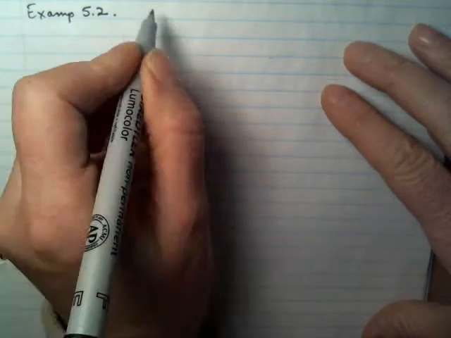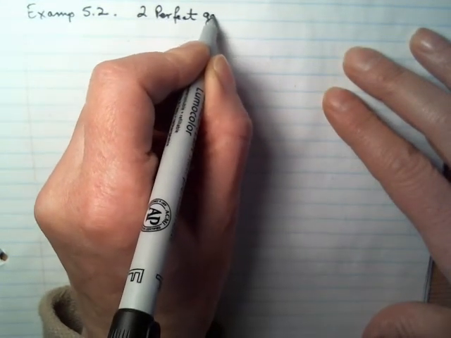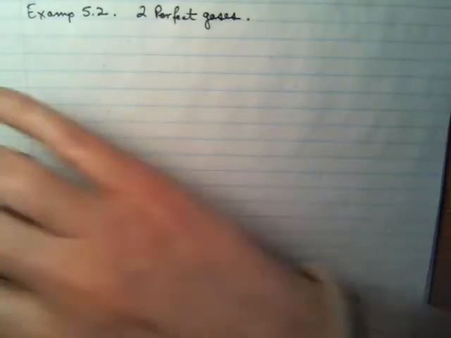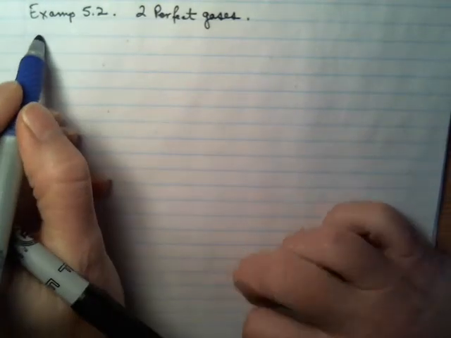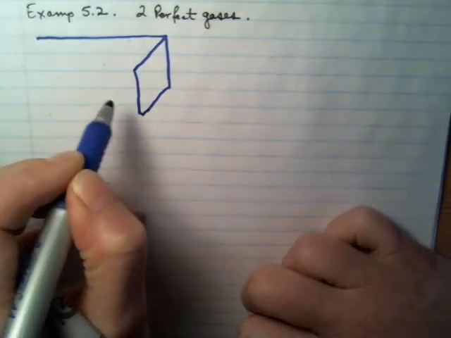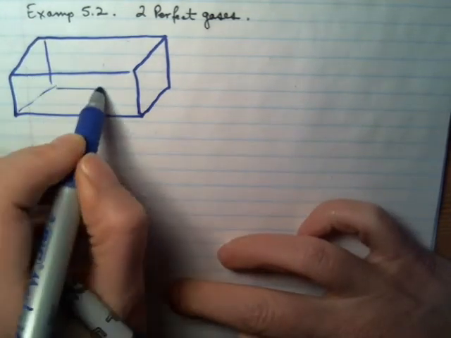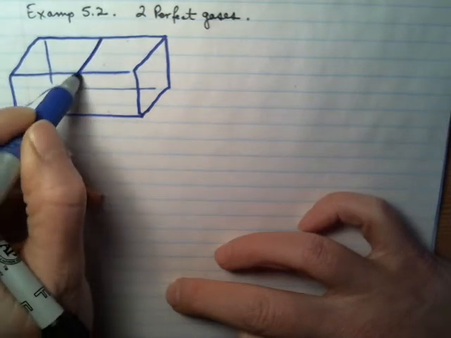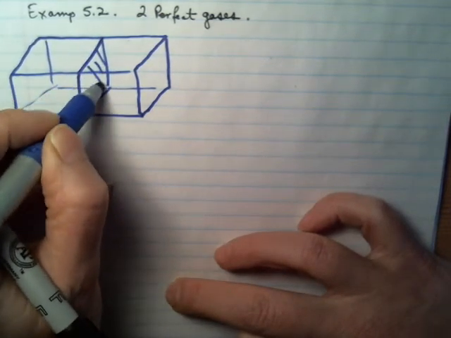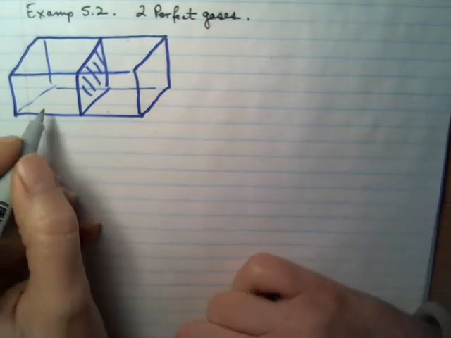And now let's actually have a closer look at example 5.2 practice in the textbook. So again, I have mixing of 2 perfect gases, and I'm going to redraw my same little diagram because it's the same idea. They are in this container, and I have a partition that's my movable barrier, dividing it into 2 exactly equal spaces.